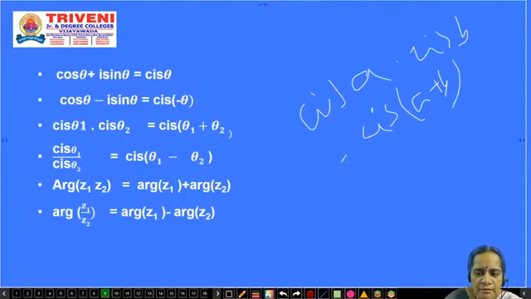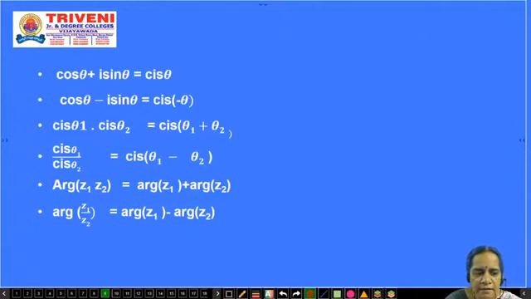Cis of A plus B means cos of A plus B plus i sin of A plus B. Next one is cis theta 1 by cis theta 2 is equal to cis of theta 1 minus theta 2, that is cos of theta 1 minus theta 2 plus i sin of theta 1 minus theta 2.